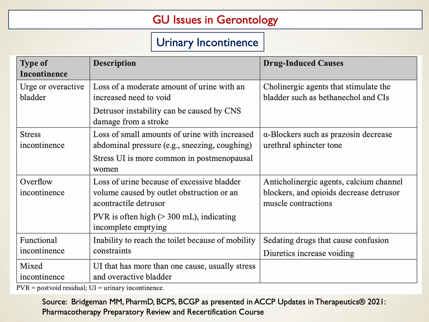As far as issues in genitourinary, first of all, it's important to remember what we talked about with the types of urinary incontinence and the drugs that can make some of those worse. Remember we talked about urge versus stress versus overflow incontinence, functional incontinence, or a mixture of those, and the kind of drugs that may make those worse.